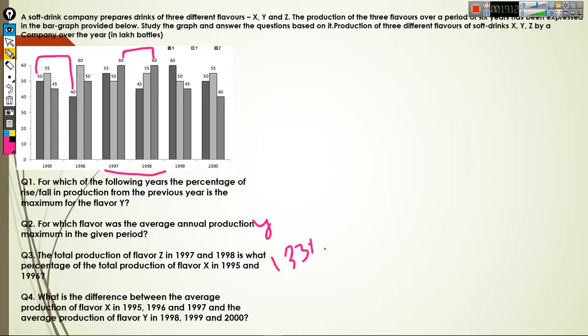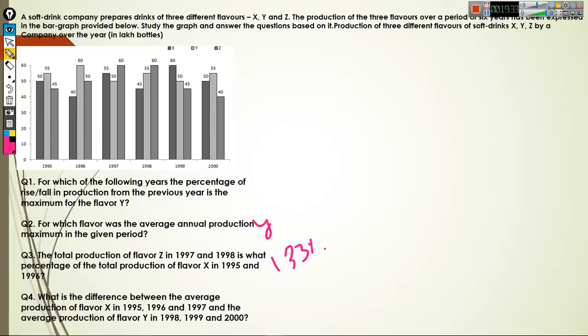Now, what is the difference between the average production of flavor X in 1995, 1996 and 1997 and that of Y? Again, very easy. You have to find the average of the numbers and then subtract. We have to find the average production of flavor X in 1995, 1996 and 1997.